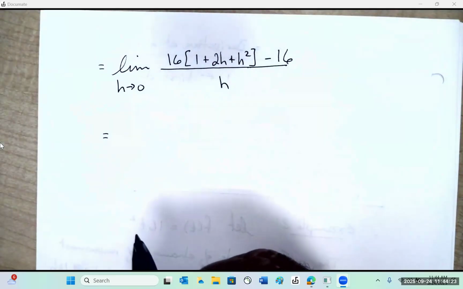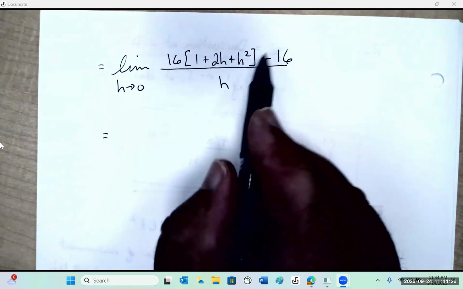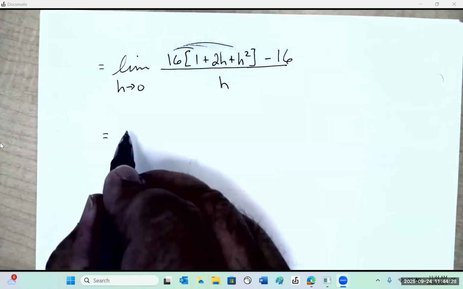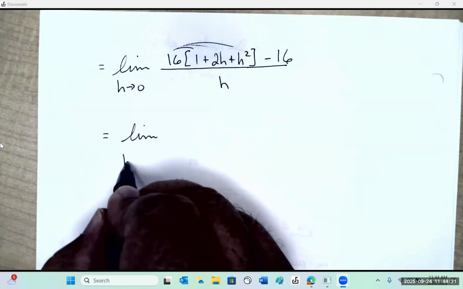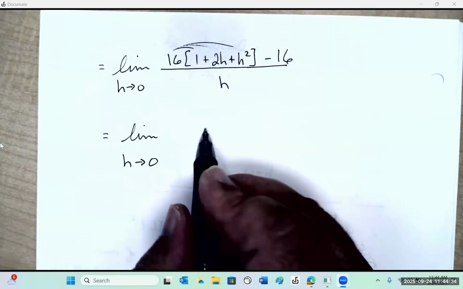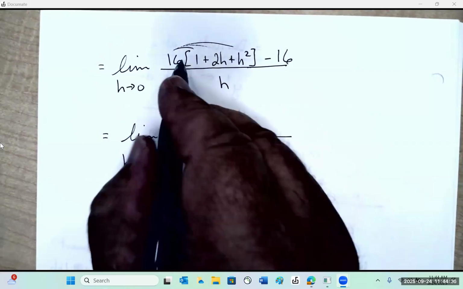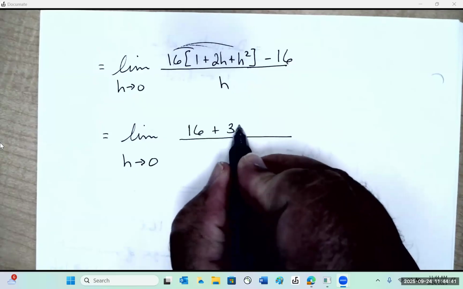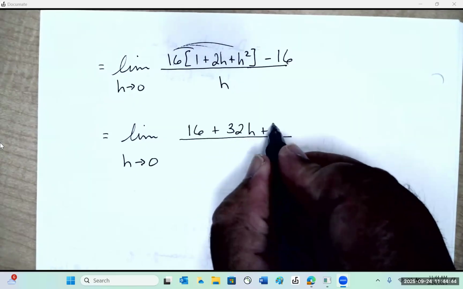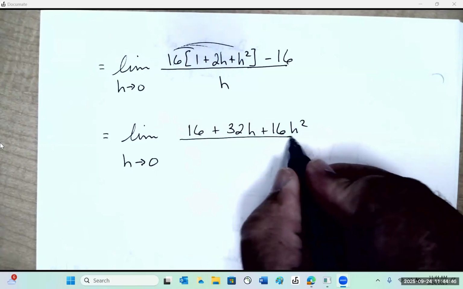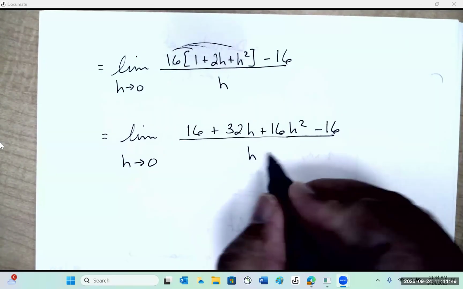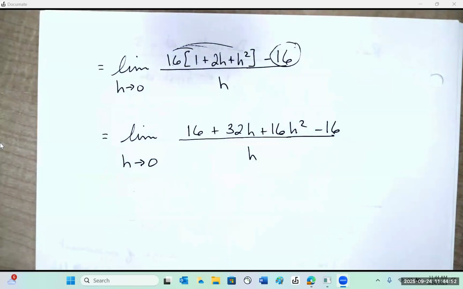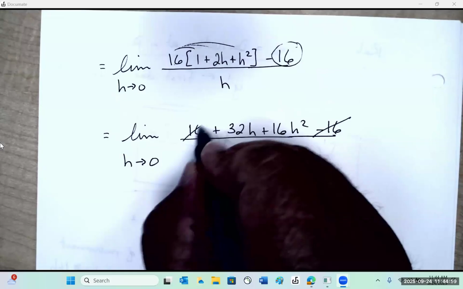Now we can distribute, because there's nothing we can do inside the brackets. 16 times 1 is 16. 16 times 2 is 32h plus 16h squared minus 16. Whatever's after the minus sign in the difference quotient has to cancel. So that minus 16 and that positive 16 cancel.